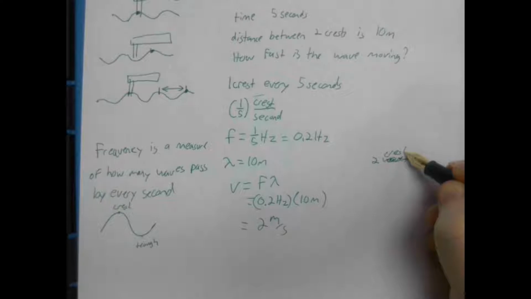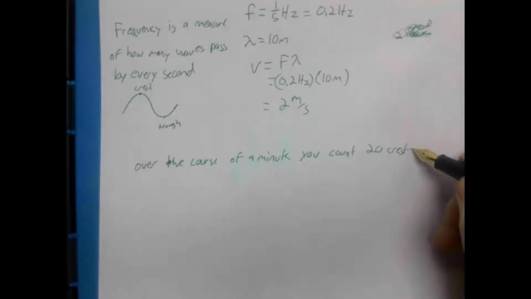Let's say you're watching a pier, and over the course of a minute, you count 20 crests passing a point or marker.